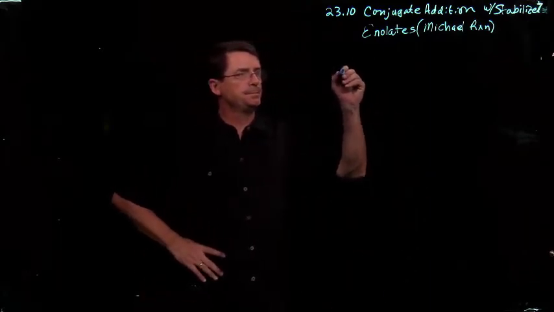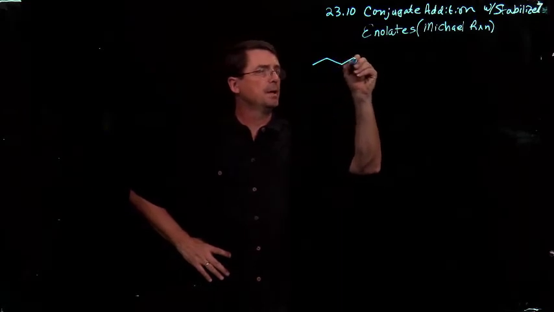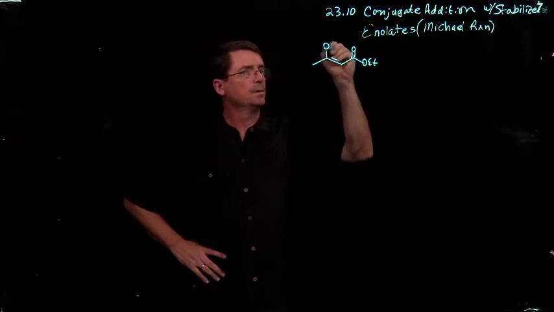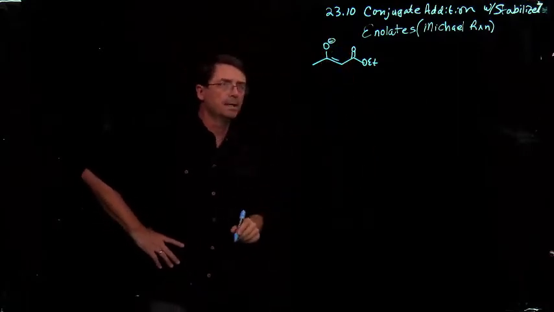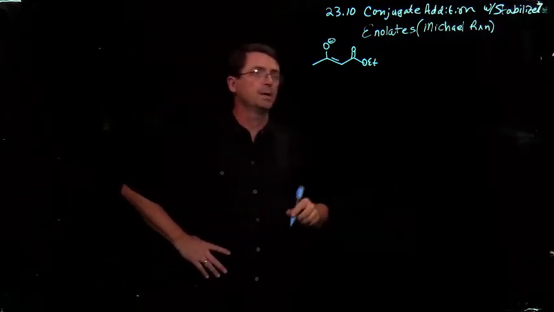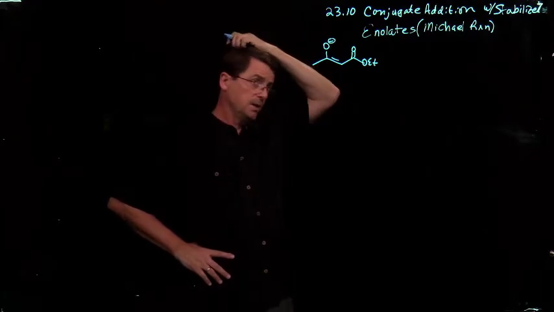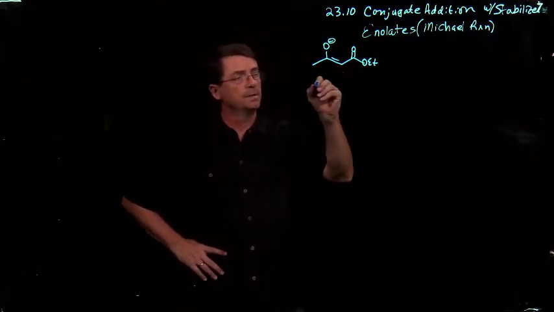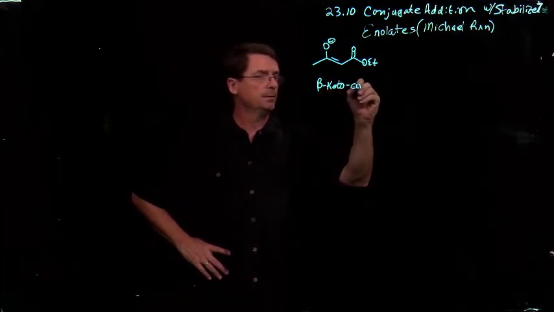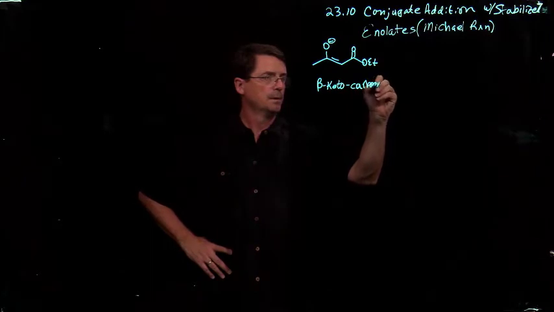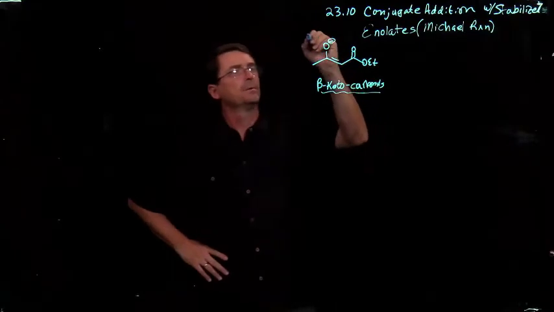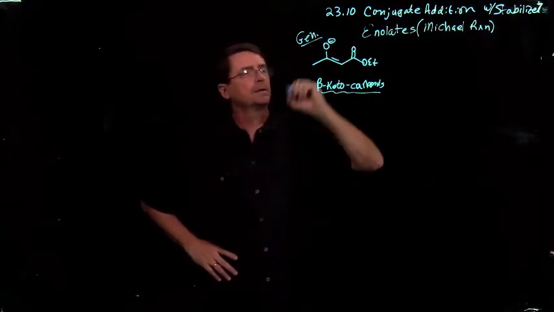So if we have a stabilized enolate, and we've seen a number of these before, these are beta keto esters, beta keto amides, beta keto ketones, beta keto aldehydes, that whole group of beta keto carbonyls that give stabilized enolates.